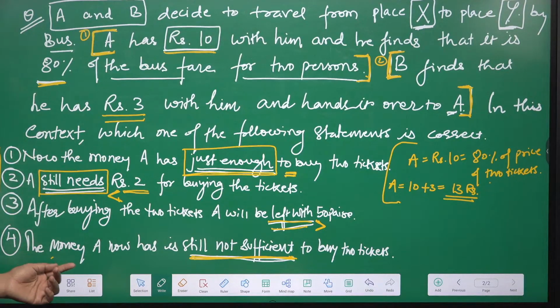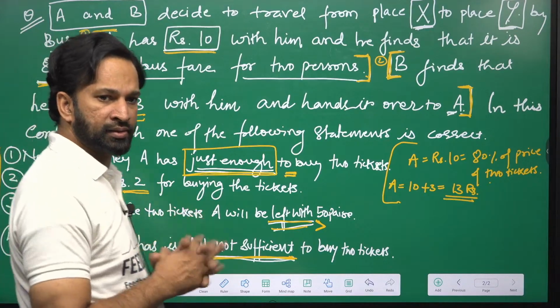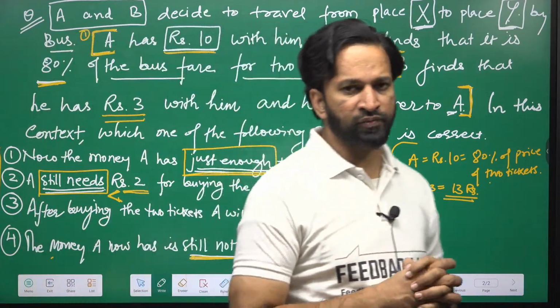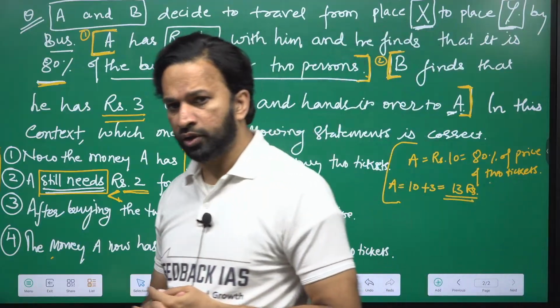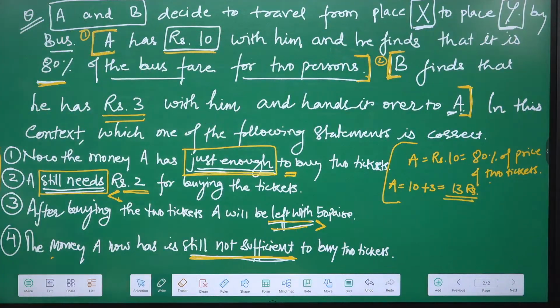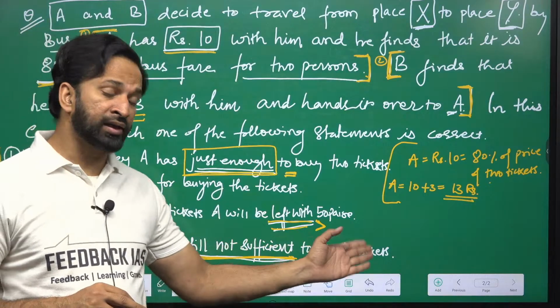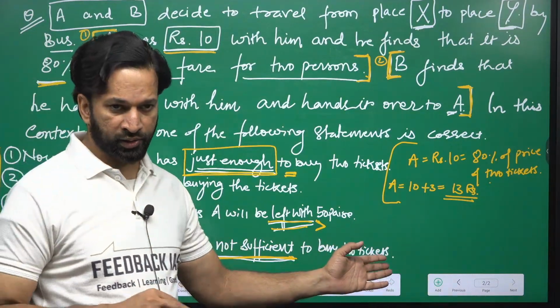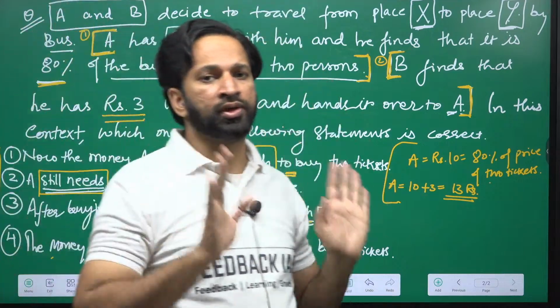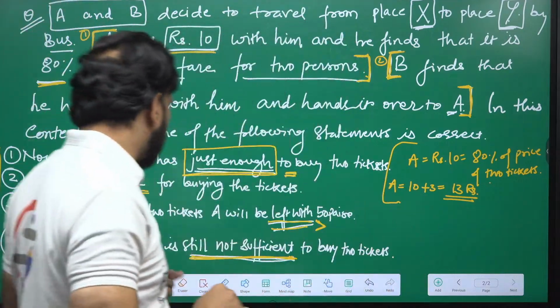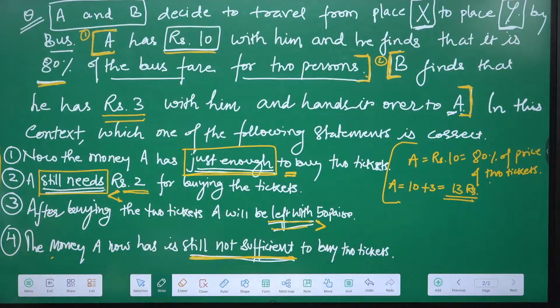But here whatever money A has is not sufficient to buy 2 tickets. It means that the price of the 2 tickets is much more than that, and it is not sufficient.